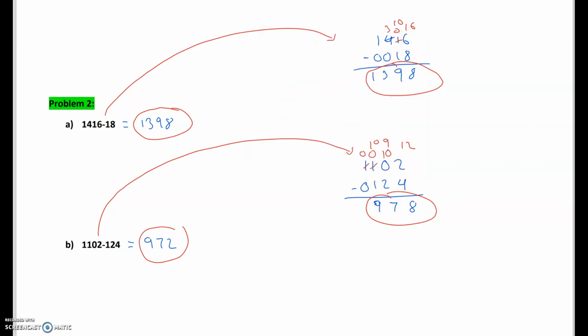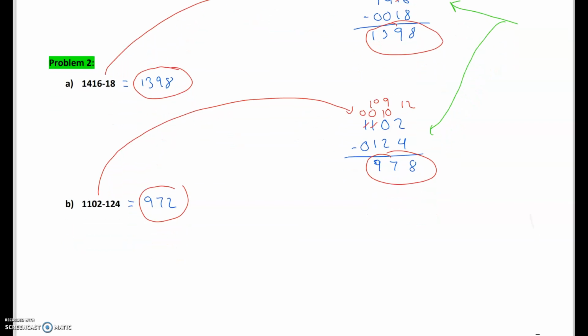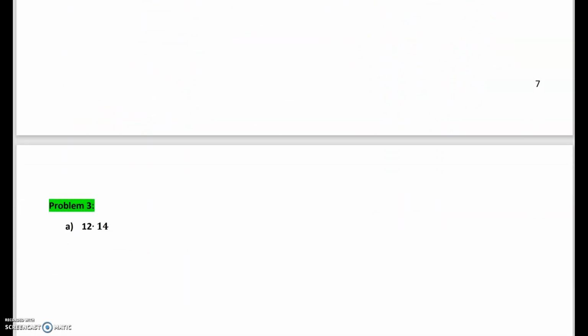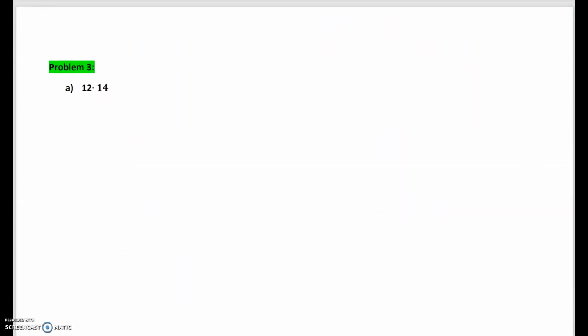You will be required to show work for your calculations, especially on exit examinations, if a calculator is not allowed or expected to use. Okay, let's go to the next set of problems which deal with multiplication.